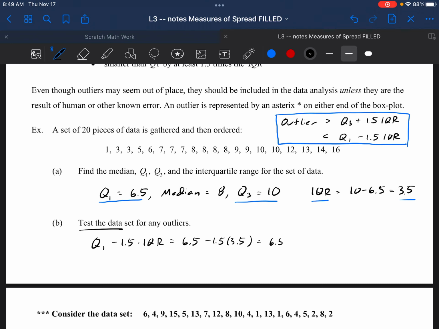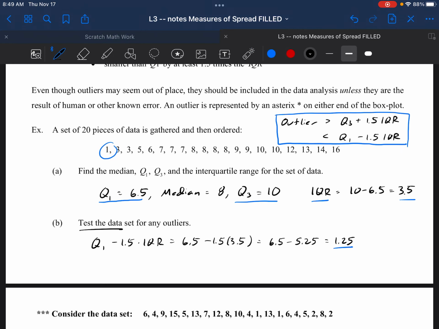So this would be 6.5 minus 5.25, which is 1.25. All right. Do we have an outlier? Do we have anything lower than 1.25? Yes, we do. Right? This is an outlier by the formal definition.